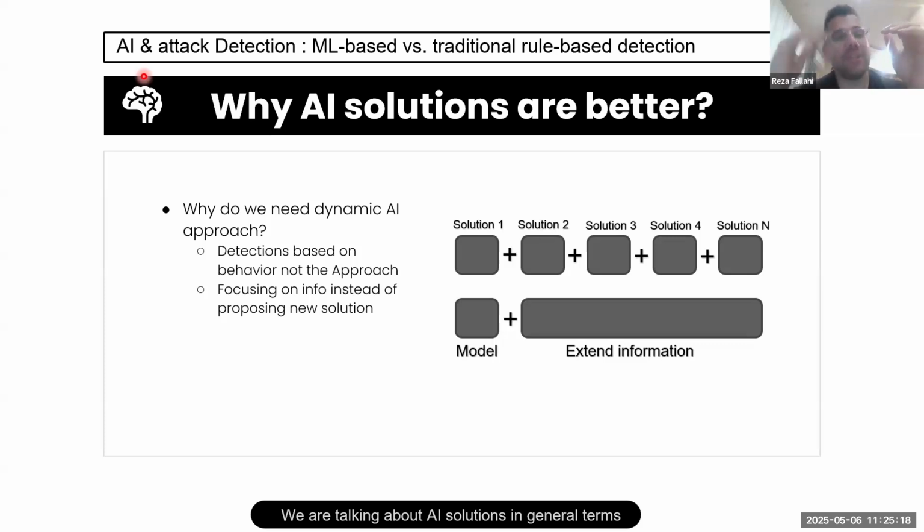And if the attack changes how it's being launched, there's not going to be any problem because the behavior, the result of the attack in the network behavior, is going to be the same. If the behavior changes again, we're going to improve the information, improve the data sets. We're not going to change the solution itself. So we're going to be evolving with the attack itself. That's why we need AI solutions in the first place.